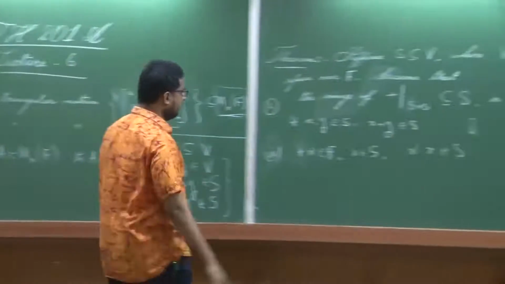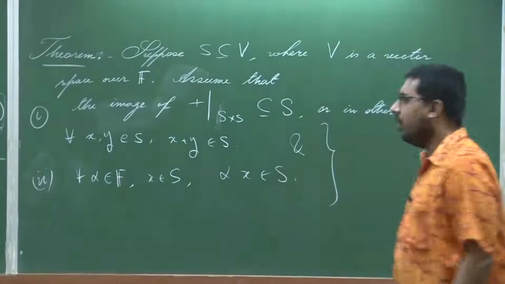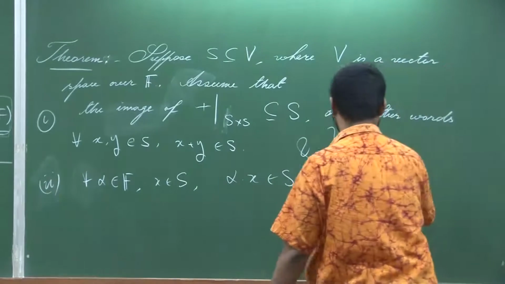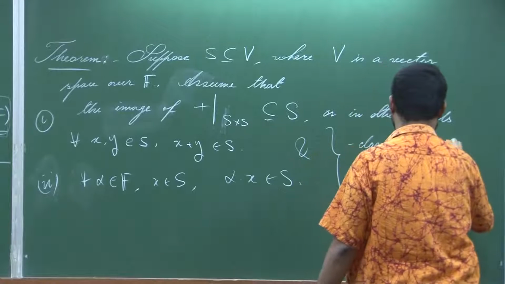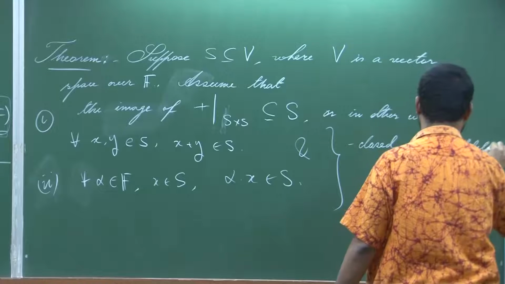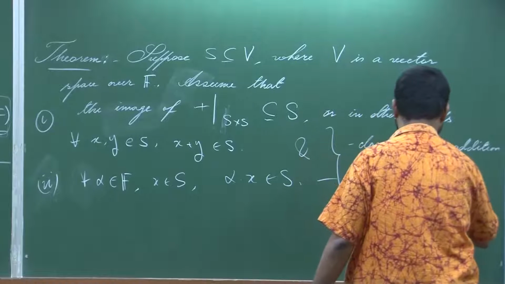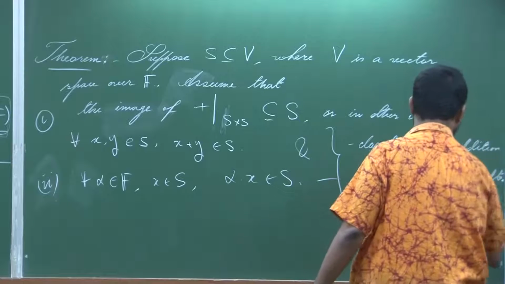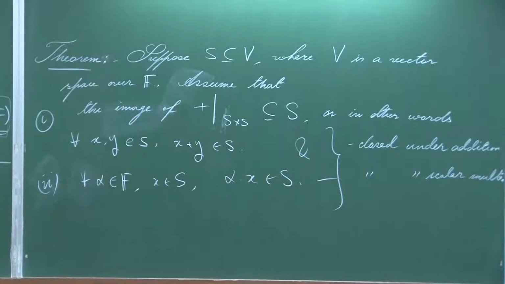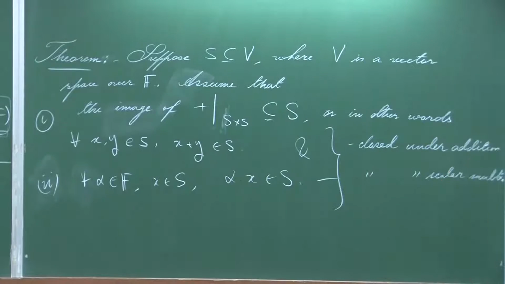If these 2 properties, which as I said we will refer to from now on as closed under addition and closed under scalar multiplication, hold, then we want to say that the set is a vector space.